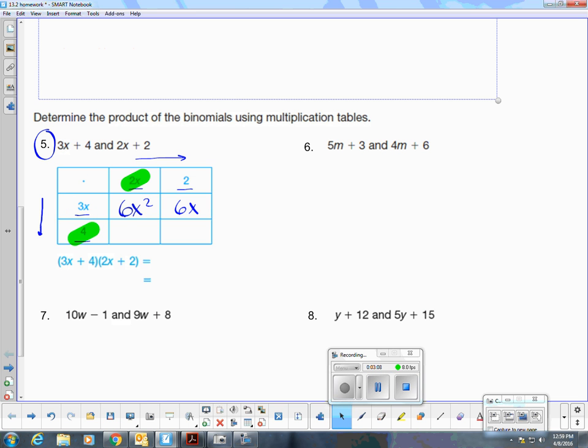Multiplying 2x times 4 is 8x. And multiplying 2 times 4 gives me 8. I'm going to add my like terms together. So I have 6x squared. When I add these 2 terms, I get 14x plus 8.